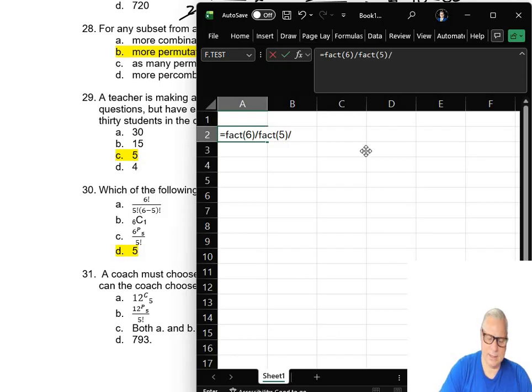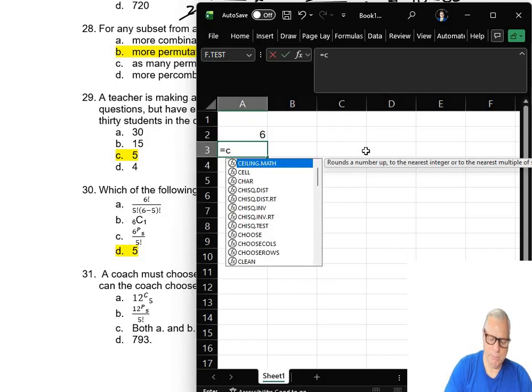We can divide again by FACT of 6 minus 5, or you can also do it like this, 6 minus 5. So that's 6.